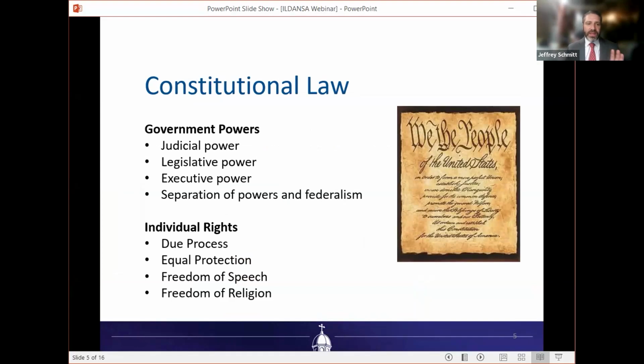In the course, we cover two main subjects: the structure of government and then individual rights. The first half of the course, we're looking at judicial power, legislative and executive power.